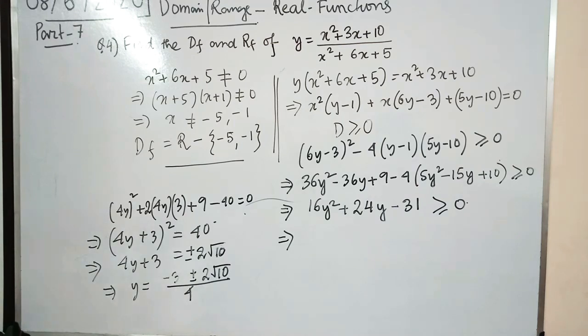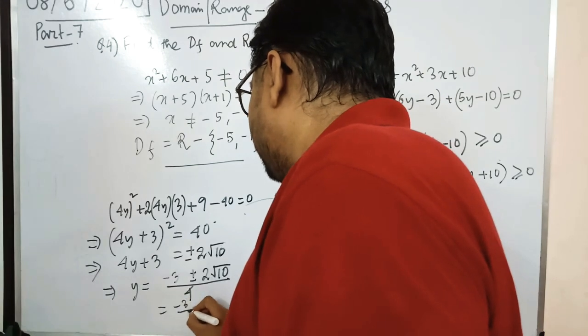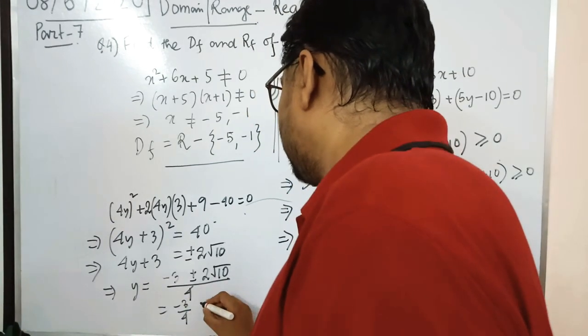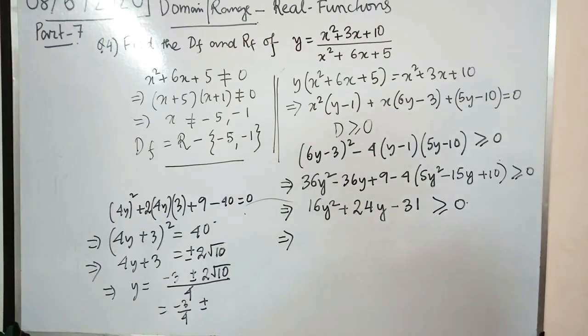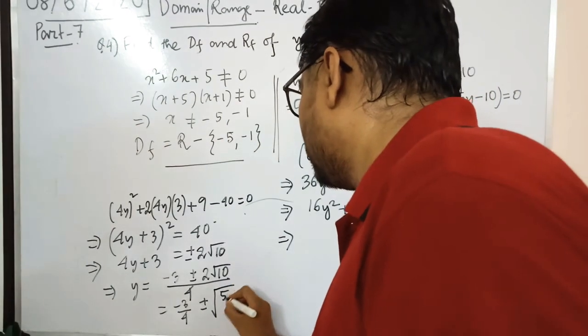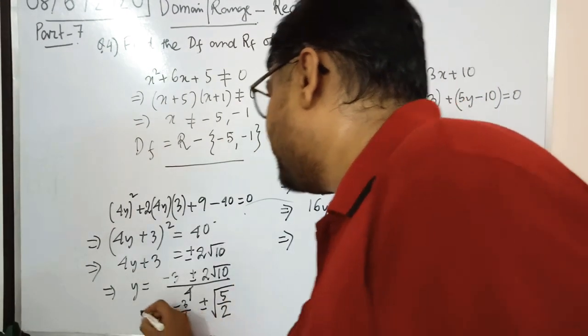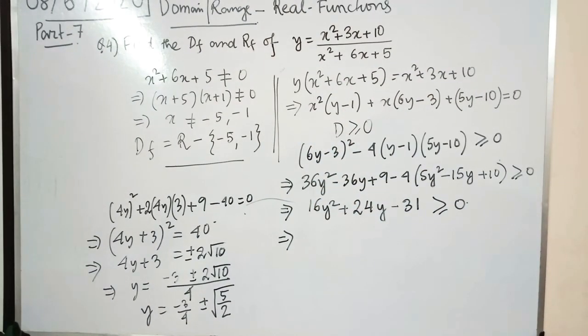So if I resolve this, I'll get something like minus 3 by 4, and this will be something like 2 by 4. That means root 10 by 2. Root 10 by 2 is root over 5 by 2. Okay, so this is a typical difficult y value we get, which we will try to put in factors over here. Let's see.